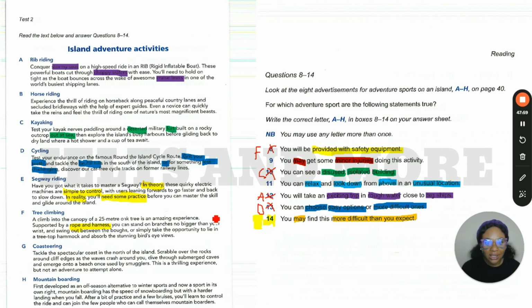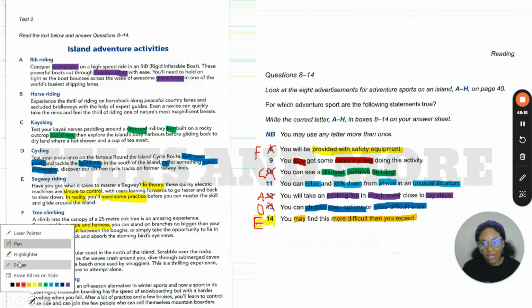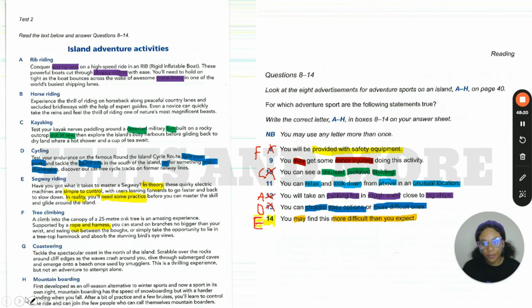That leaves us with 9 and, we got this one before to be E. That leaves us with 9 and 11, okay? But remember, always read your paragraphs to the end, just in case the paragraph still contains another answer. All right.